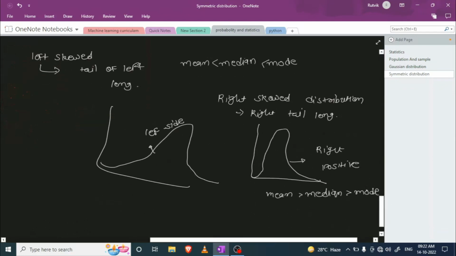Now, what are the examples of left skew distribution and right skew distribution?